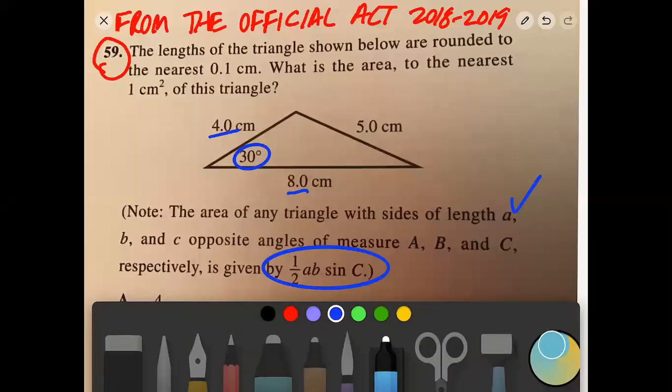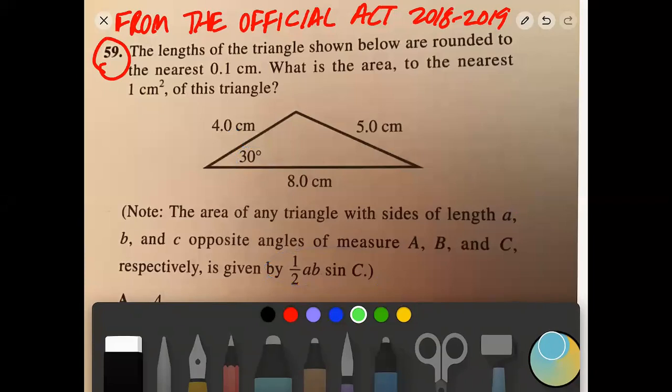Now I want to show you the typical way that you see this. If I were to drop a perpendicular here, all right, I don't like that one. Let's try it again. Here. And then I draw my little perpendicular symbol.